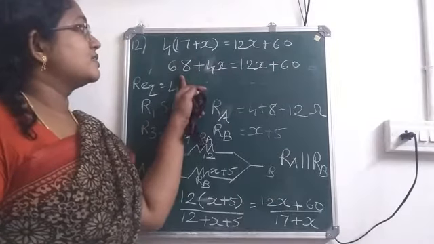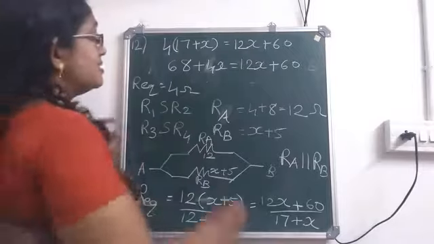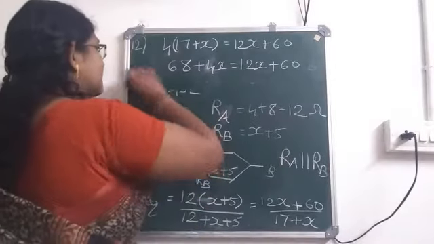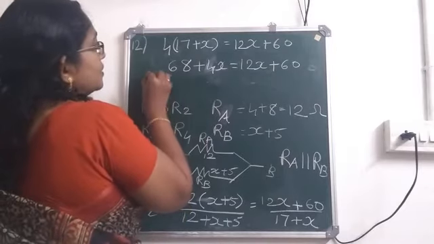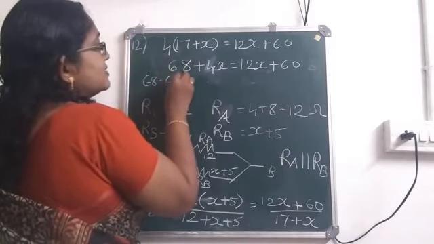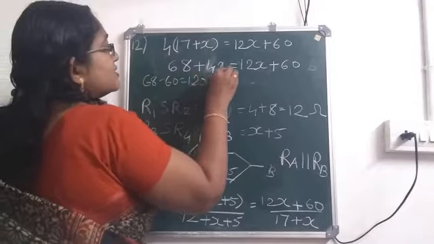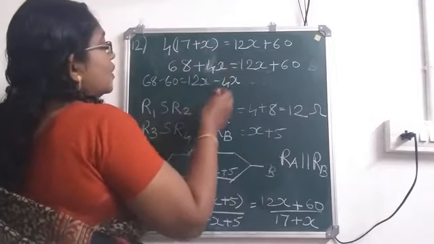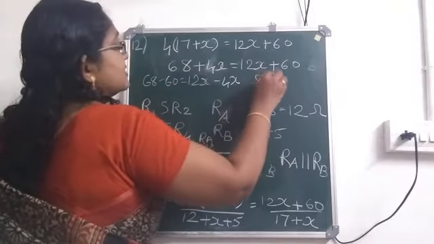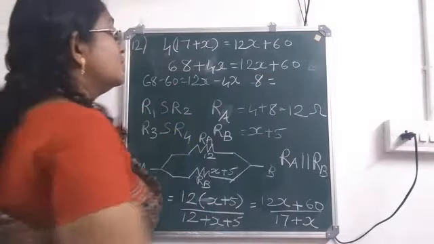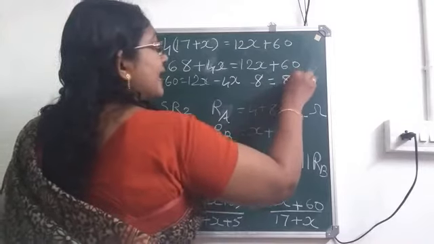68 minus 60 is equal to 12X minus 4X. Or what you can say, 68 minus 60 is 8, isn't it? 8 is equal to 8X.